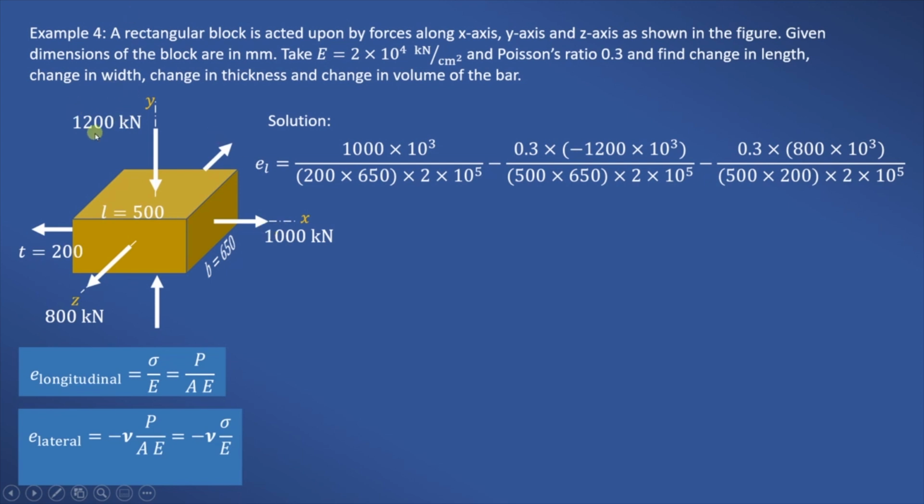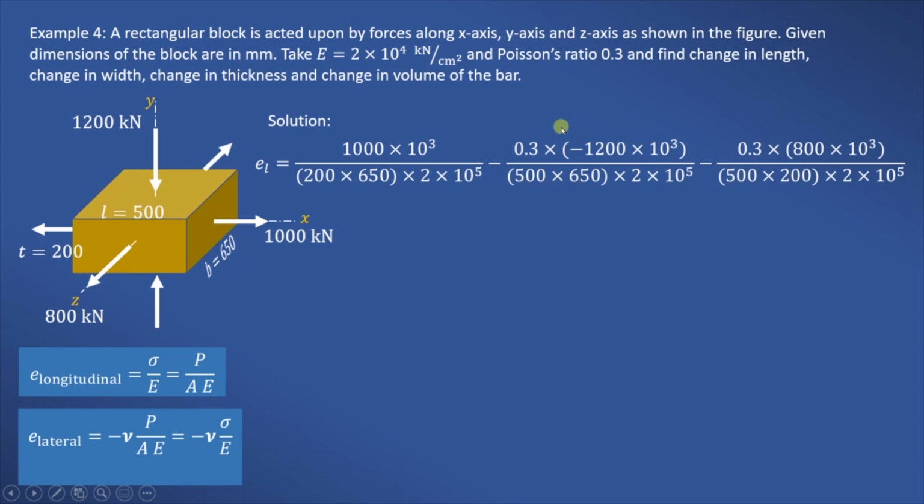So because of 1200 kilonewton load, strain in length is lateral strain, and lateral strain is Poisson's ratio times P upon AE. So with reference to this load, value is 1200 into 10 raised to 3. Because it is a compressive load, that's why there is a negative sign, P upon AE into 0.3.